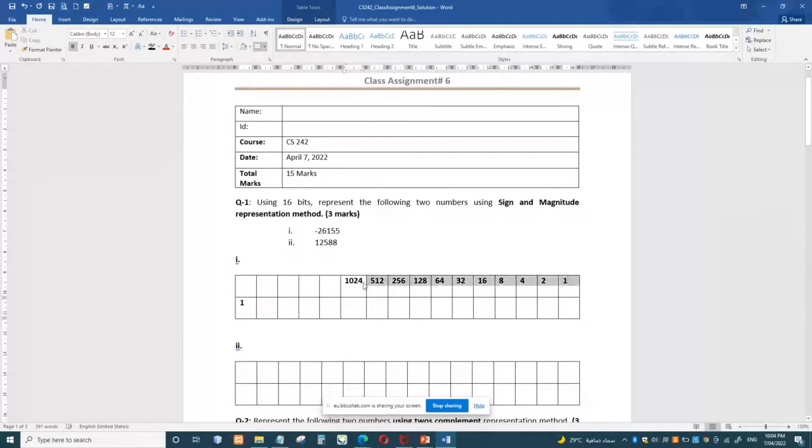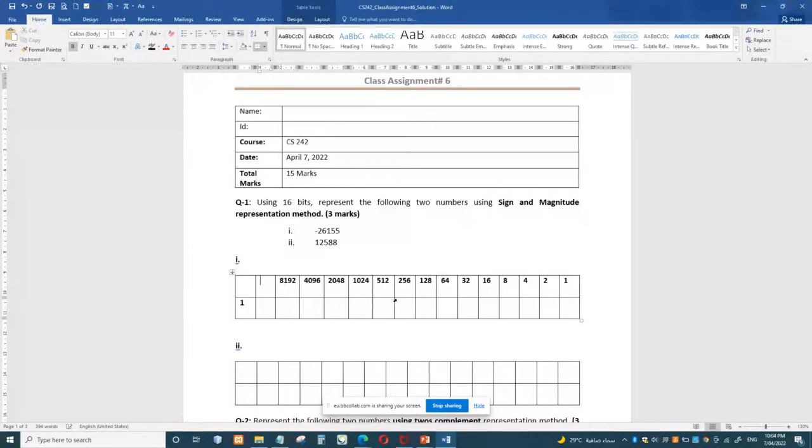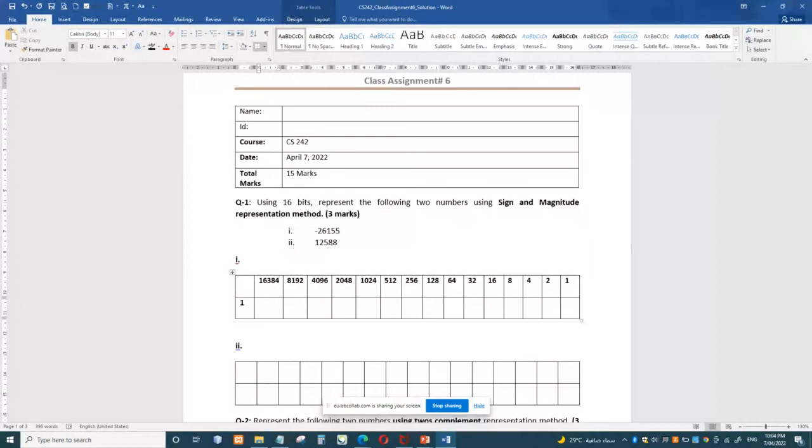It looks like we need more space, so I'm reducing the size of the font. Okay, 1024, then 2048, then 4096, then 8192, and then 16,384.